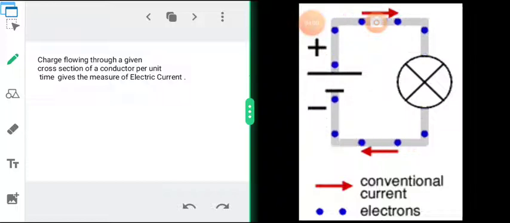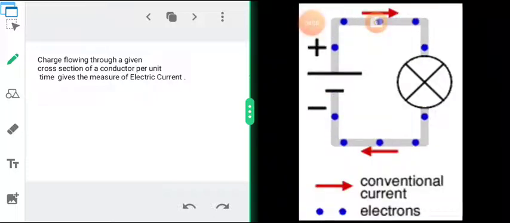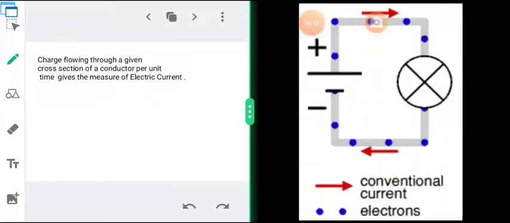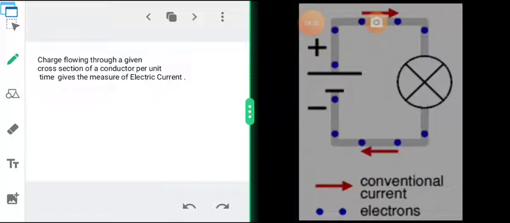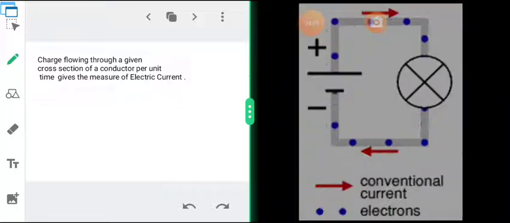Now this might be a bit confusing for you all, why the direction of current is taken opposite to the direction of flow of electrons. When this direction was chosen, it was chosen arbitrarily. Actually, then people didn't even know that charged particles, rather electrons, are responsible for constituting current in any circuit. So it was arbitrarily decided that the direction of conventional current is from positive to the negative part of the circuit.